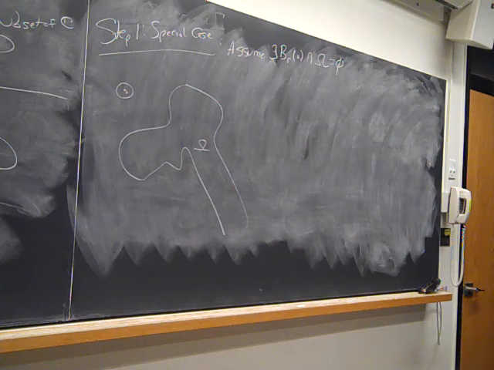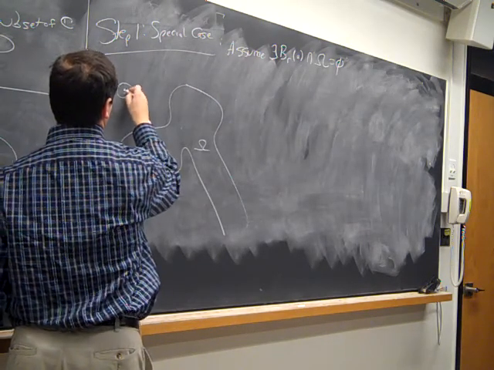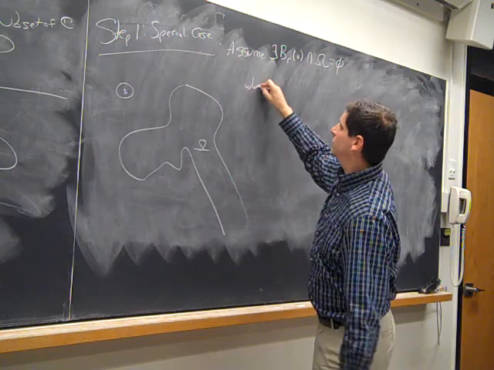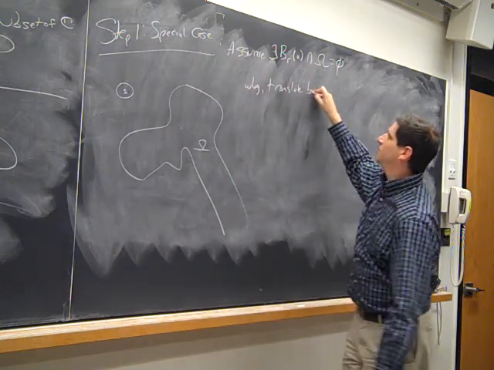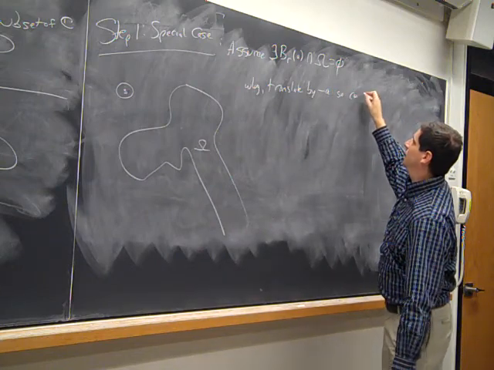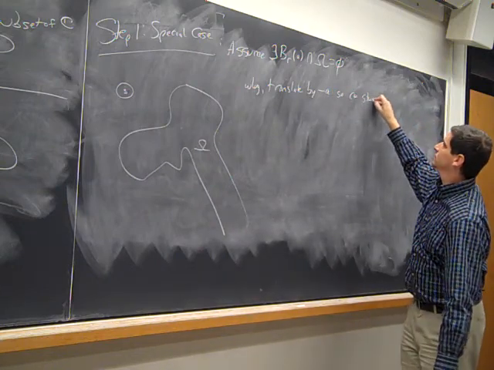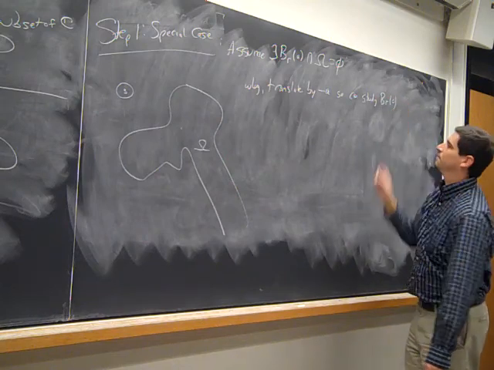Without loss of generality, what can you assume A equals? The origin. We can always translate and assume A equals 0. So, without loss of generality, translate by minus A, so we can study the ball of radius r about the origin.